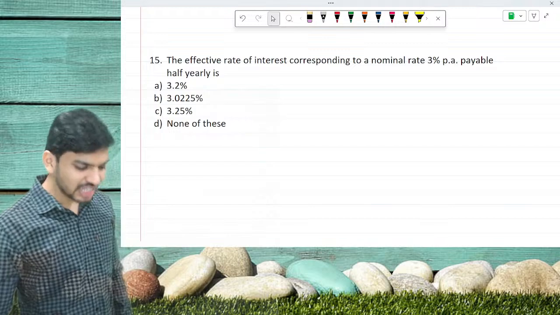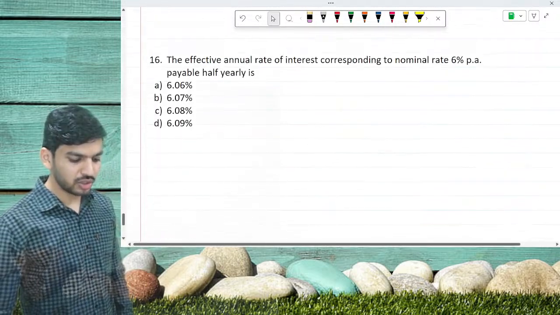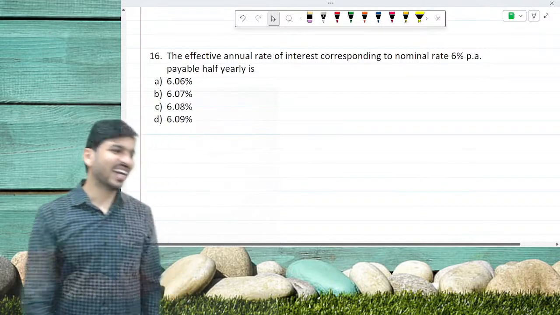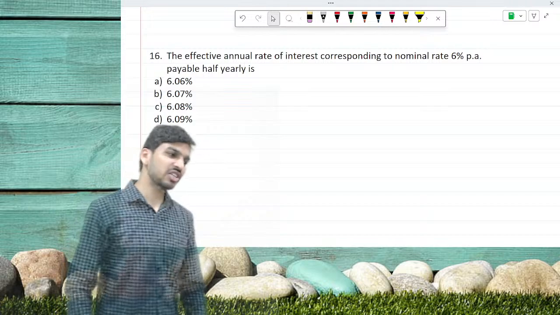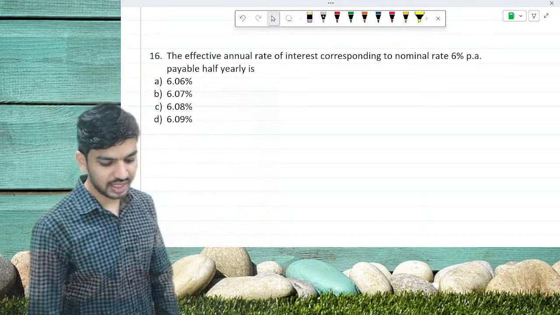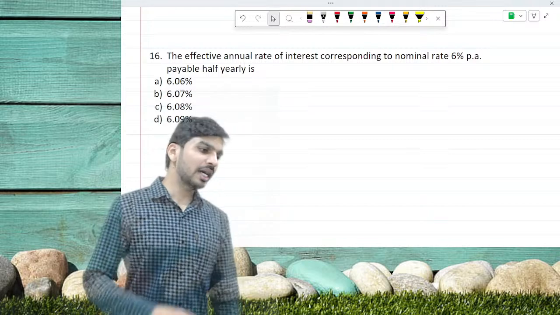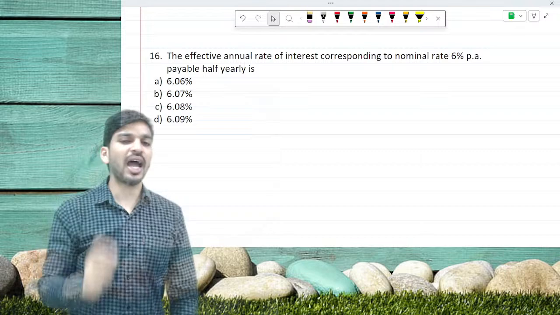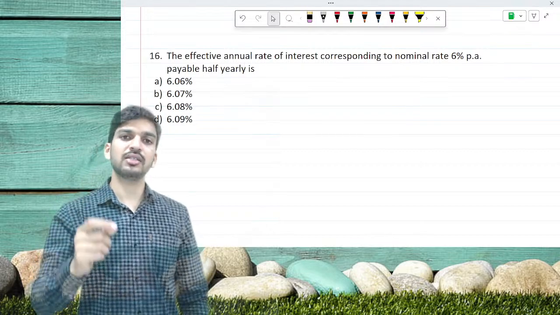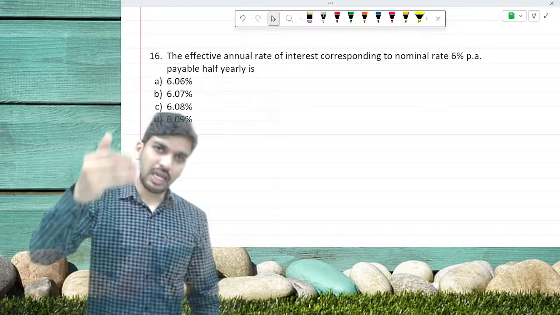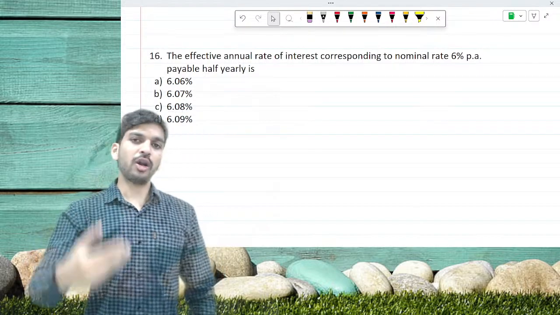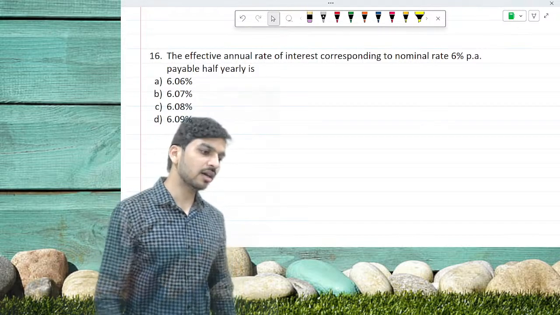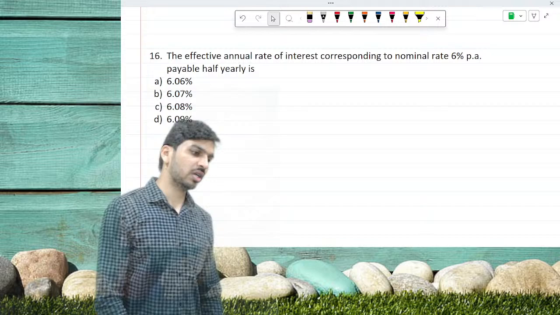And last question, question number 16. Done. All of you have taken the screenshot. So these 5 questions are very simple questions. These are for your homework. All of you have to solve this and send your answers of all the 5 questions in one PDF to me on my WhatsApp. I will go through your answers and if you have any doubt, I will solve it.